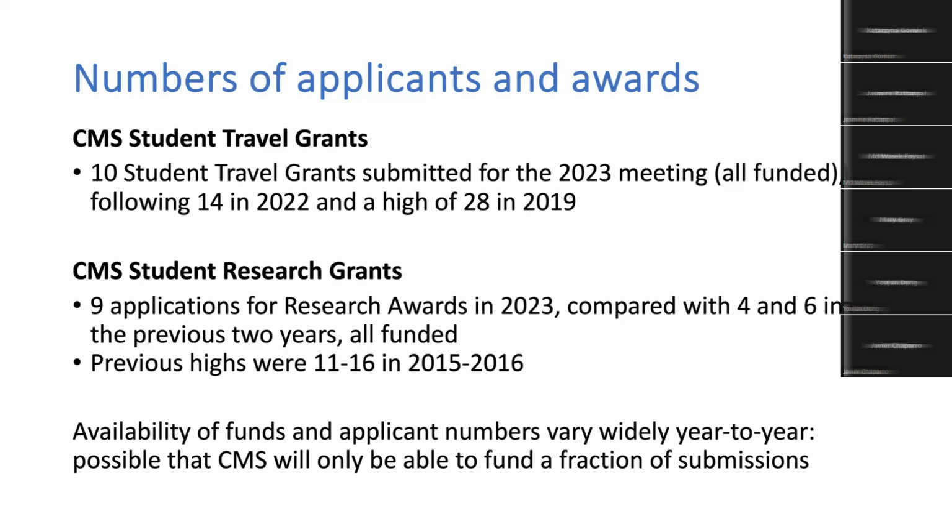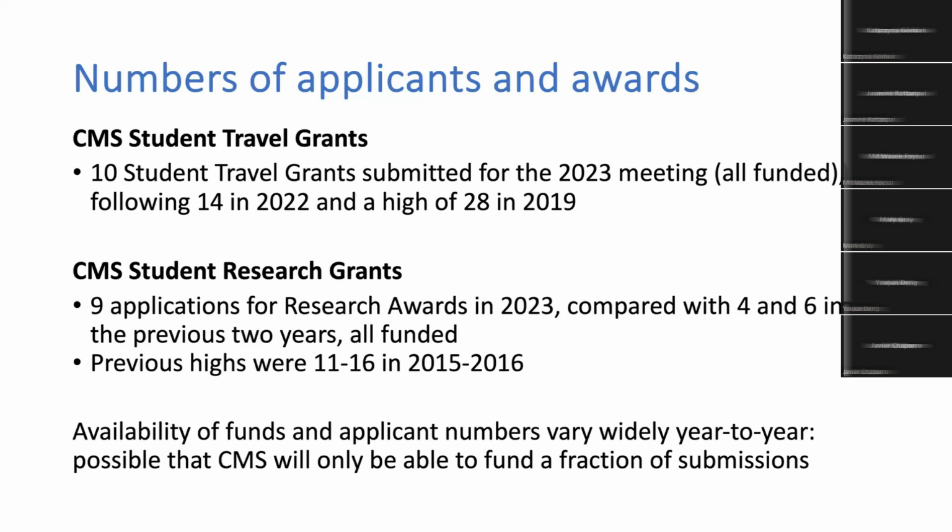And part of the reason that all of the grants were able to be funded was because members of the Clay Mineral Society were able to obtain external funding that helped support this effort. So the availability of funds and applicant numbers may vary widely year to year.